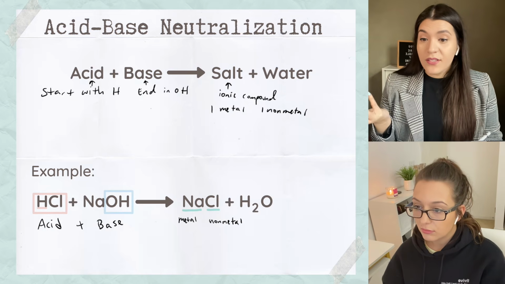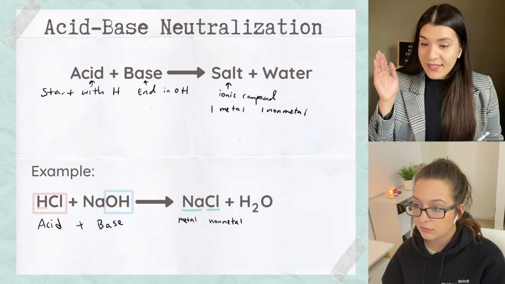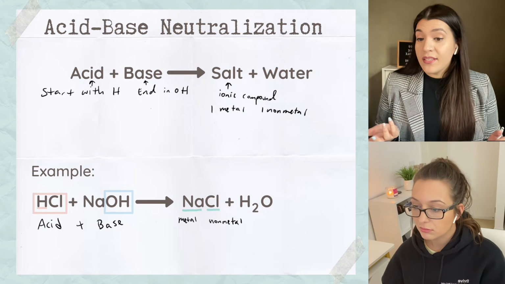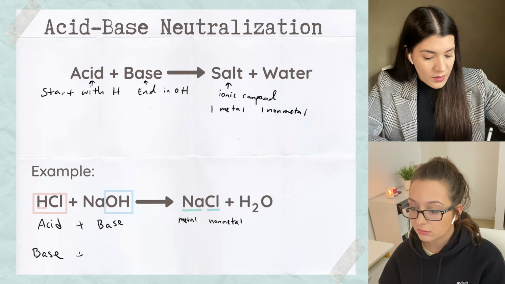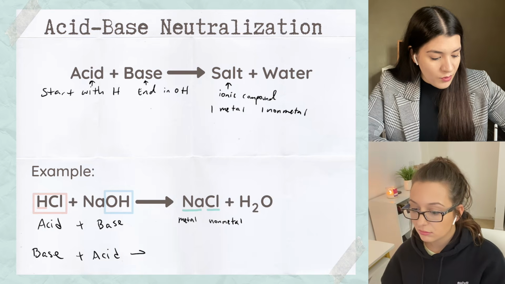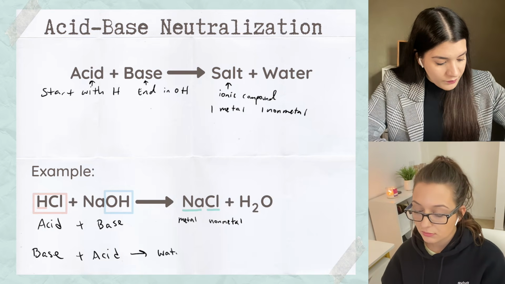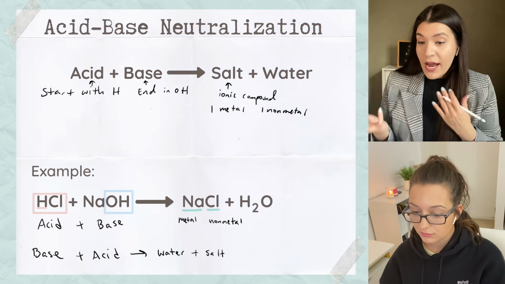So that's how you can easily tell this is an acid-base neutralization reaction, because I see it has an acid and a base. Something to note is that it's not always going to be in this order. It could have started off with the base plus the acid to then form the water and salt. The order does not matter since we're adding everything up.